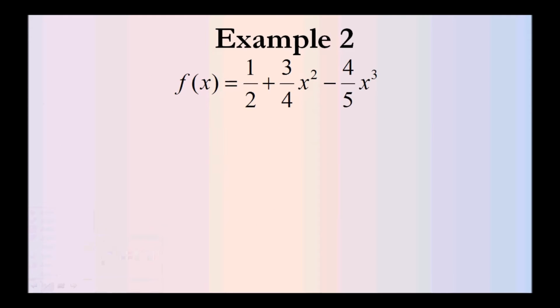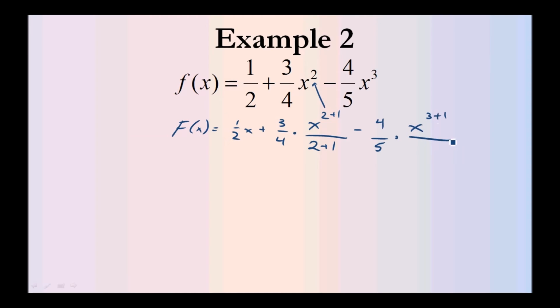Example 2. f of x equals 1/2 plus 3/4 x squared minus 4/5 x cubed. Our antiderivative is 1/2 x plus 3/4 times x squared, our same exponent plus 1 divided by the exponent plus 1, minus the constant 4/5 times the variable to its exponent plus 1 divided by that exponent plus 1, plus our constant c.